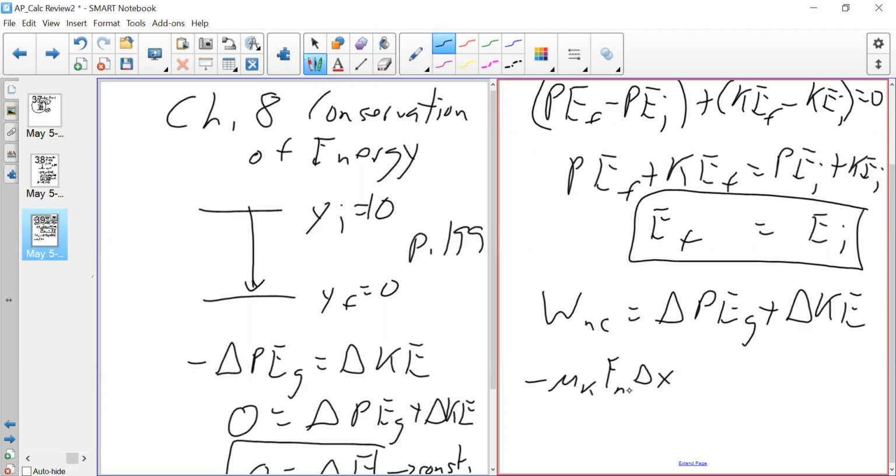So the force of friction times its displacement is going to be equal to this stuff. So we're going to get a loss in some of the energy due to deformation of the object, in terms of the heat, in terms of sound, different forms of loss. Different circumstances are going to result in a loss of energy from that closed system when we introduce friction. So this is a non-conservative case.